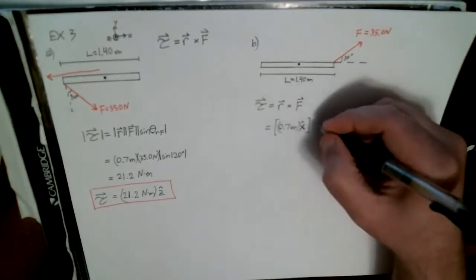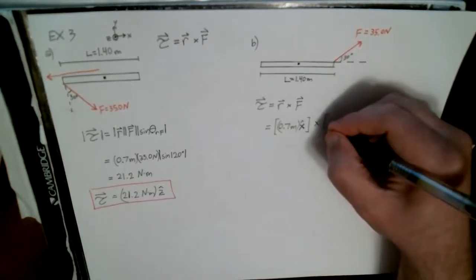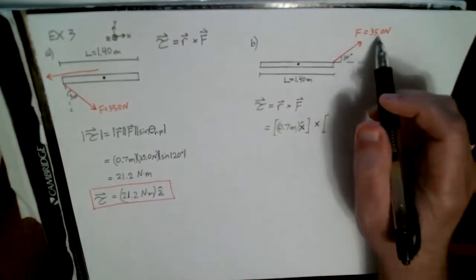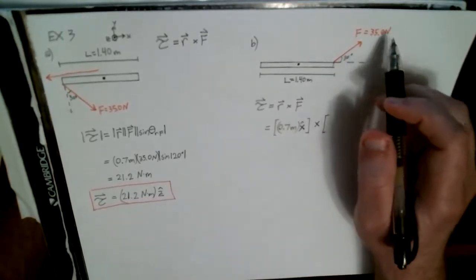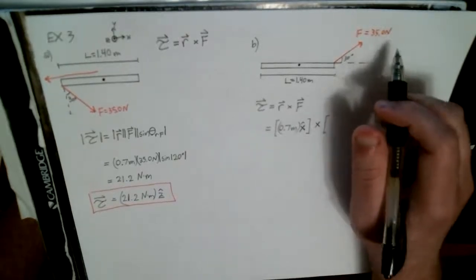Now I'm going to do a cross product of my r with my F vector. My F vector has a magnitude 35 newtons, but I want to break it down into unit vector notation.